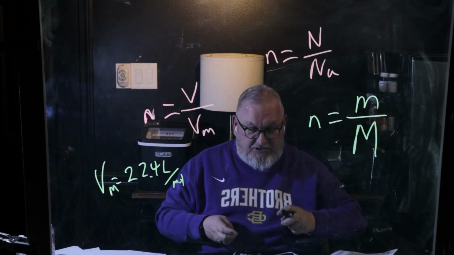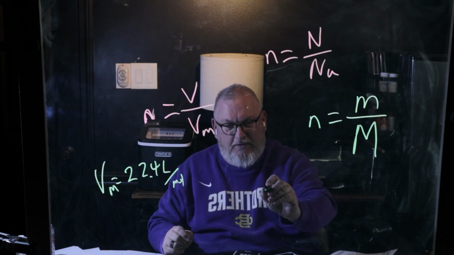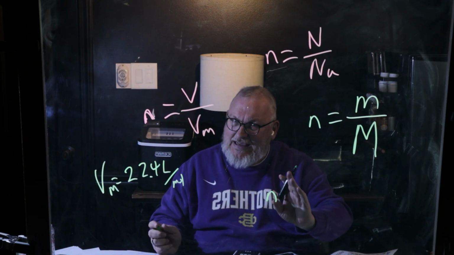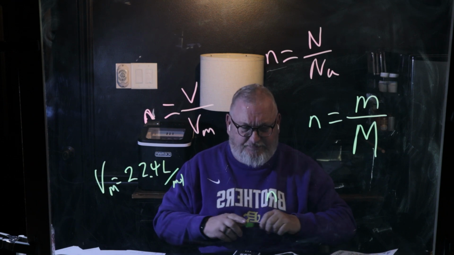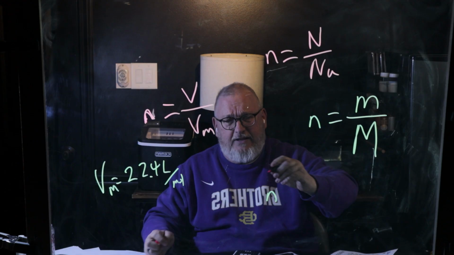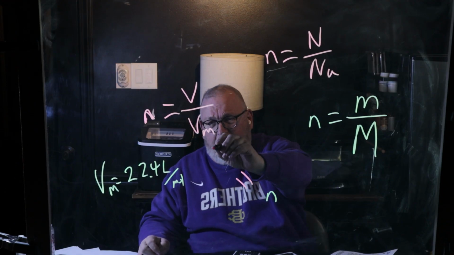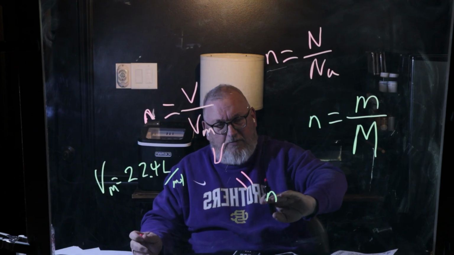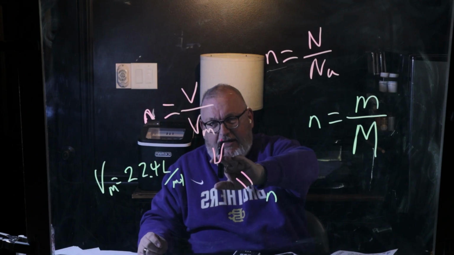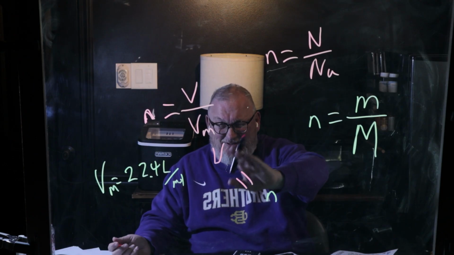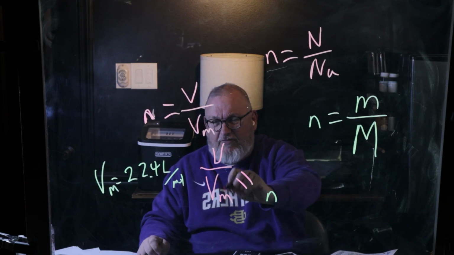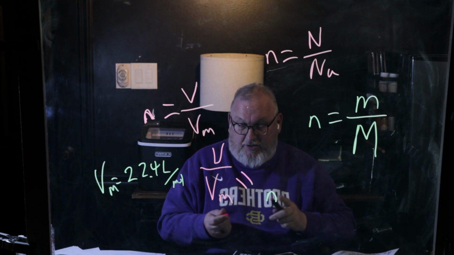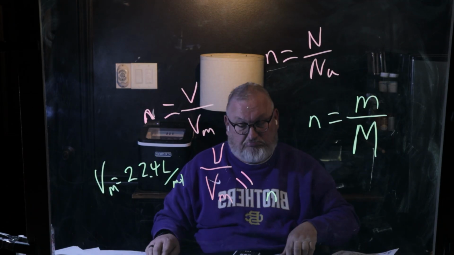So now we can draw something a little bit cooler. To find n, depending on what we're trying to do: if we have volume, the amount of moles is our sample volume divided by the molar volume, which is 22.4 liters per mole.